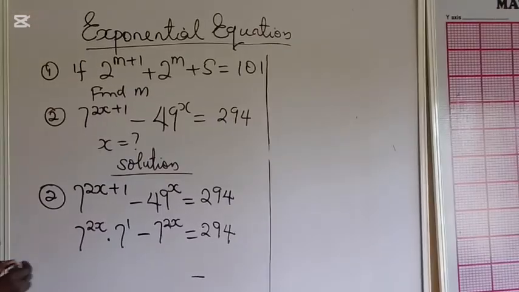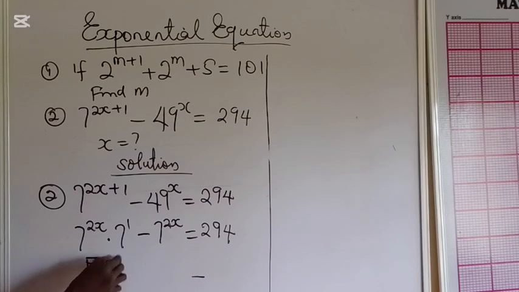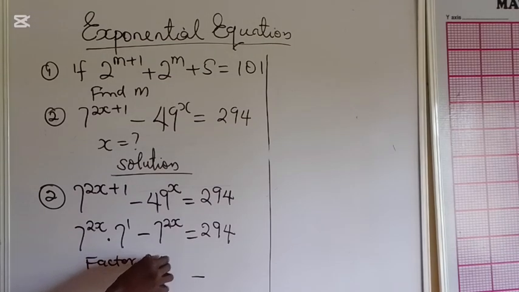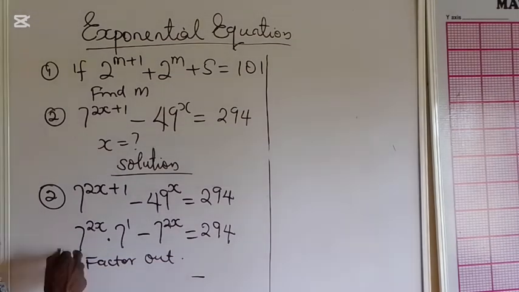The same way I said, we're going to factor out the common term. And what is common here? If you look at here, we have 7 raised to the power 2x here. We have 7 raised to the power 2x here.